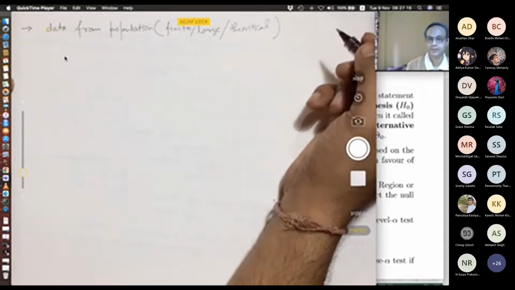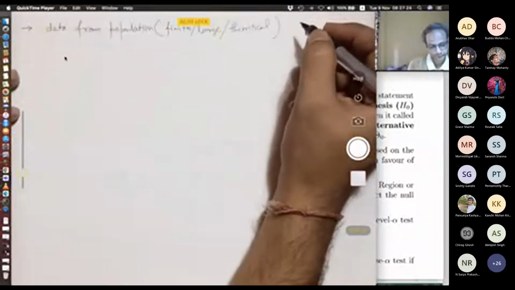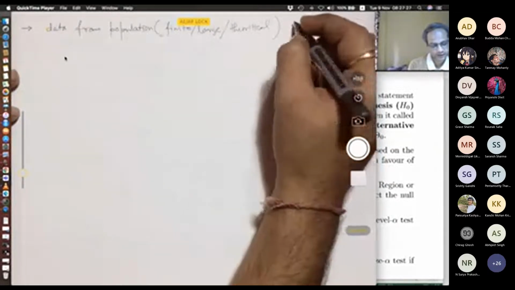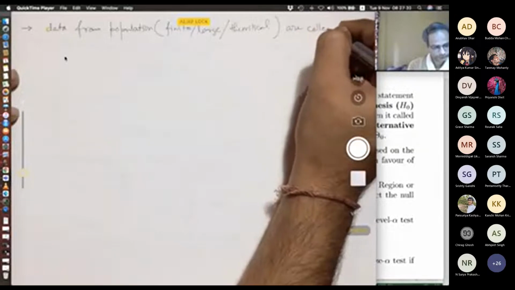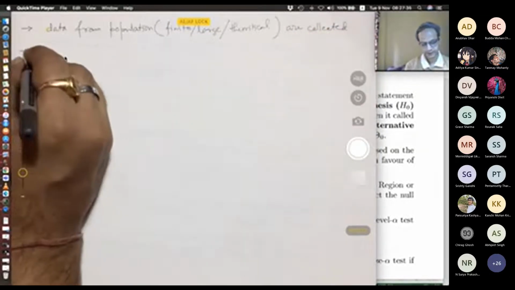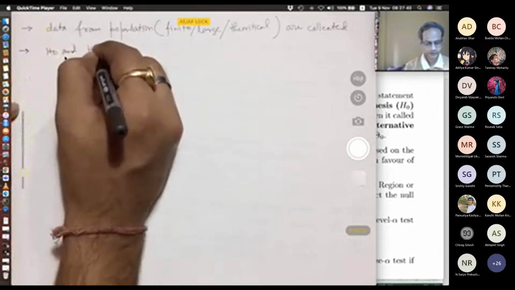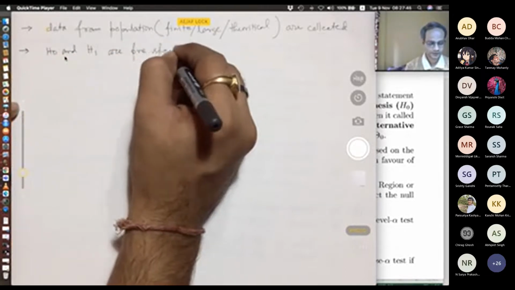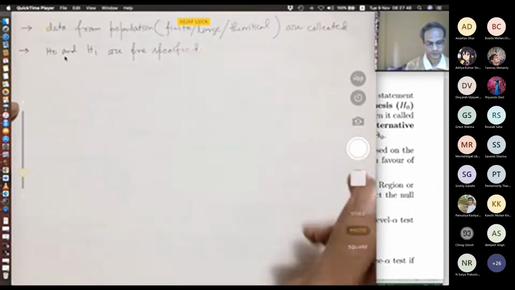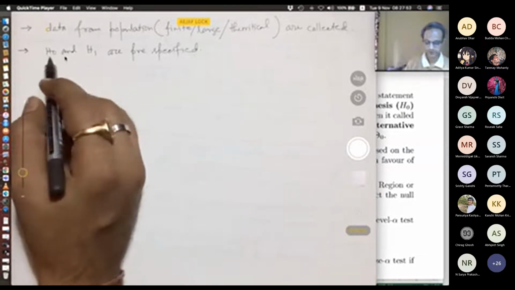That means with a specified distribution, you can draw as many samples as you want from that population. So data from populations are collected or given. Then hypotheses H0 and H1 are pre-specified.